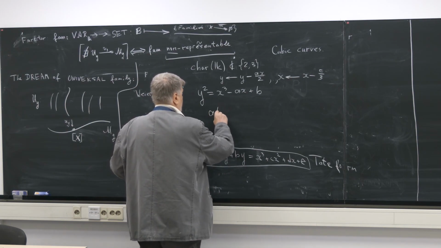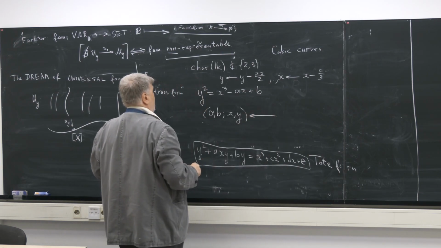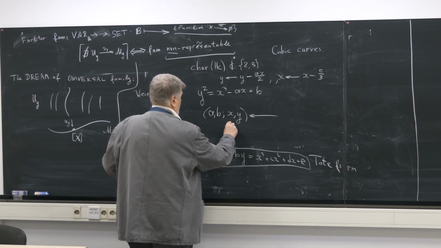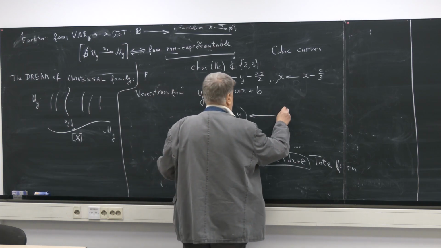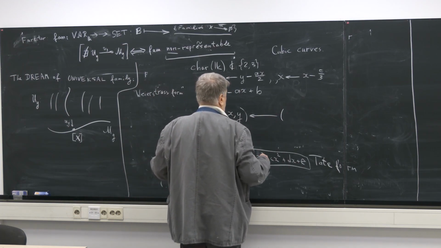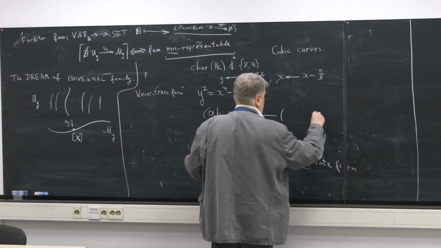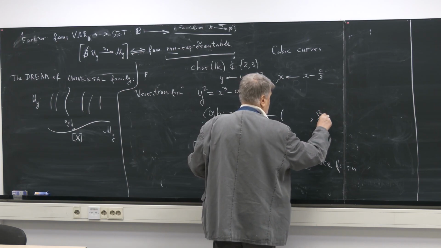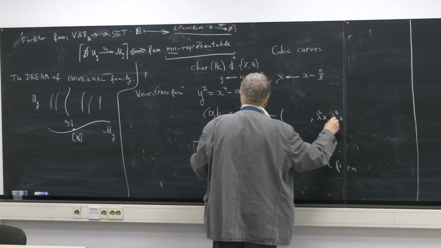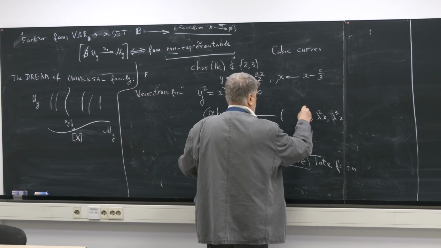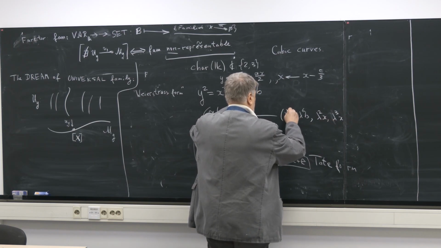So we have parameters a, b, then x, y would be transformed, so x is multiplied by lambda squared and y by lambda cubed, then b by lambda to the 6, and a by lambda to the 4, I guess so.